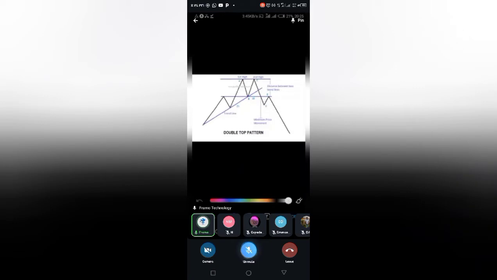Meaning they are resisting the upward movement of the asset. And support is the opposite of resistance. Support is when the asset is moving downward, the point at which it will also bounce and retrace, or even change the direction completely. We call that region a support region.